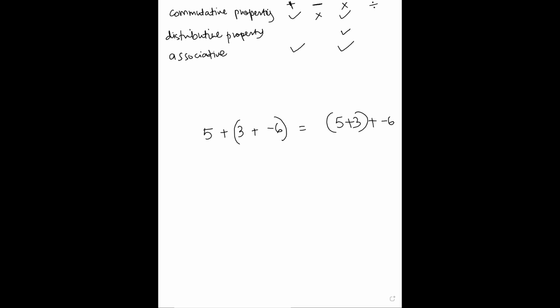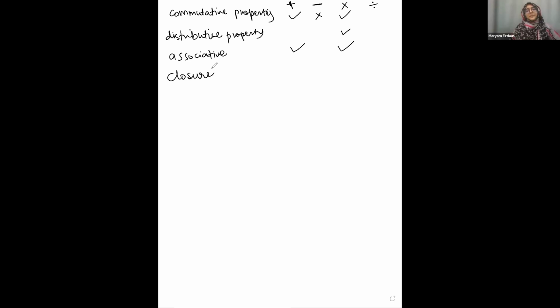The next one is closure property of multiplication. That is, a pair of integers whose product is always an integer.